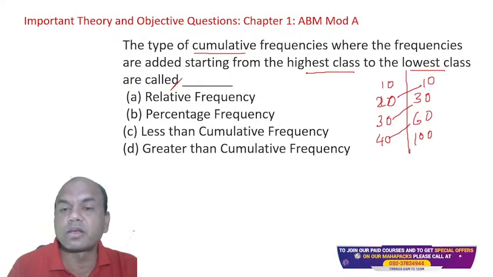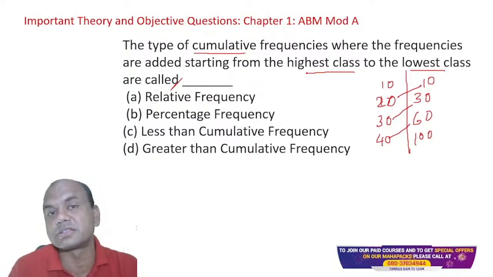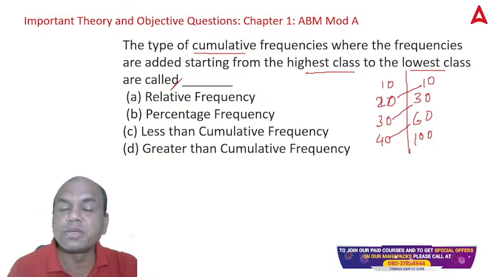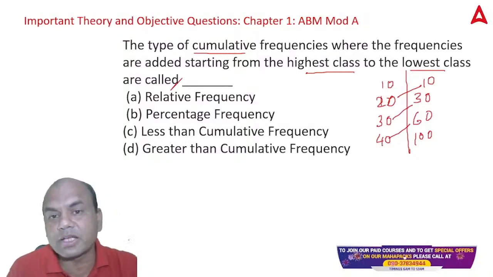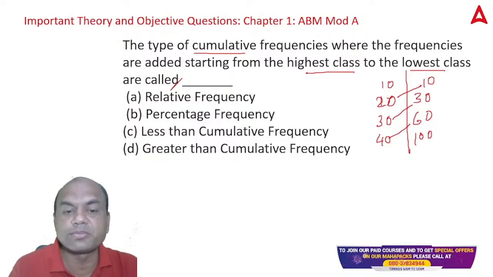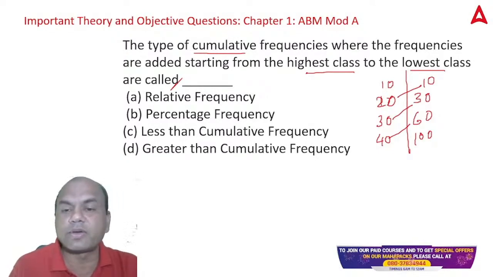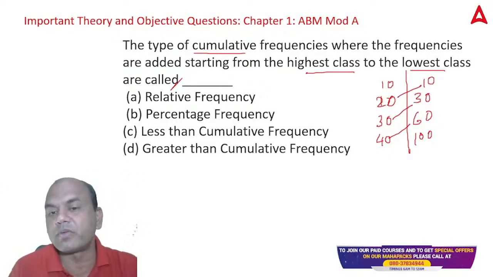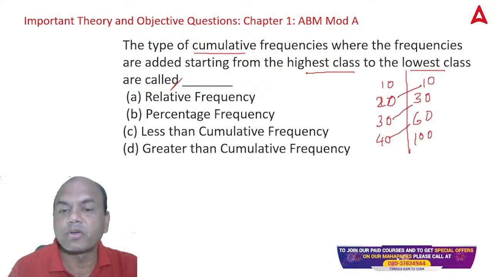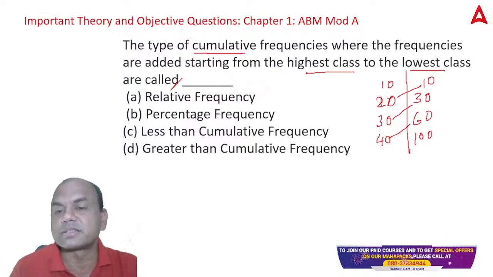The question here is when the frequencies are added from the highest class to the lowest class. Highest to the lowest means what? What do you mean by the class? Let's say I am having these numbers, 10, 20, 30, 40. Now I'll divide these numbers into classes.